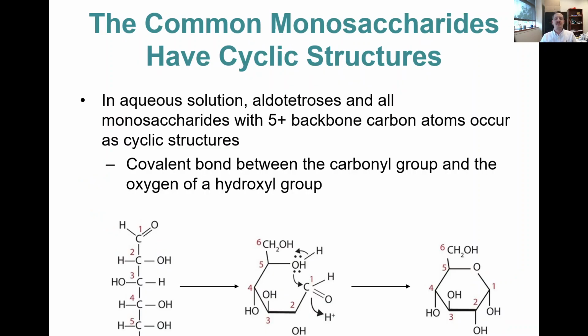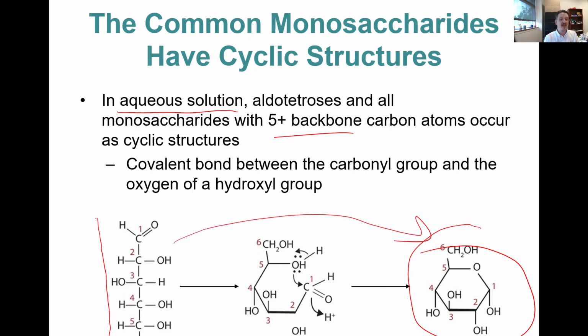Now, like I said, we've looked at the linear sugars and the different forms of them, but these linear sugars can cyclize to give you the cyclic sugars. In aqueous solution, a lot of the sugars, so aldotetroses, that's 4 carbon, but not the 4 carbon ketones, or the sugars which have at least 5 carbons in their backbone, are going to cyclize in aqueous solution, because this exists in equilibrium.